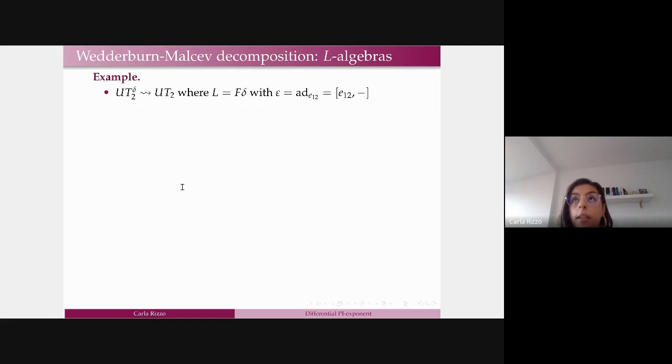In fact, we have an example: consider UT2 with the action of the one-dimensional Lie algebra generated by the derivation delta. Sorry, here it's a misprint, it is delta. It's the derivation induced by E12.